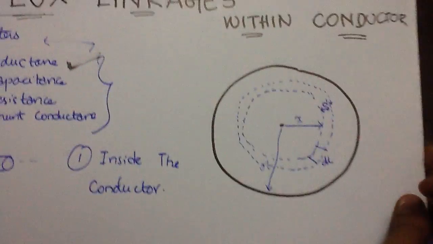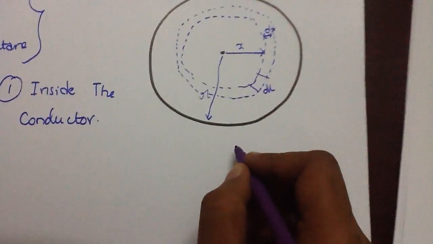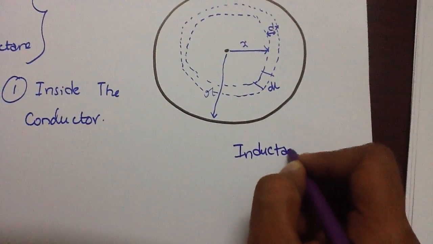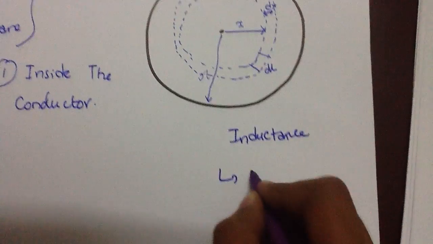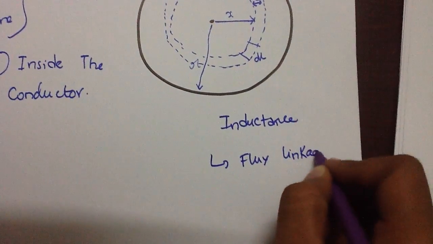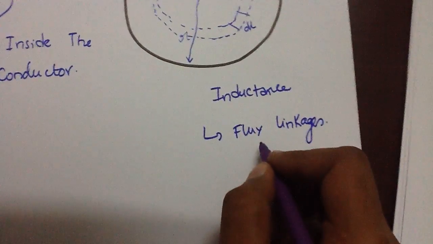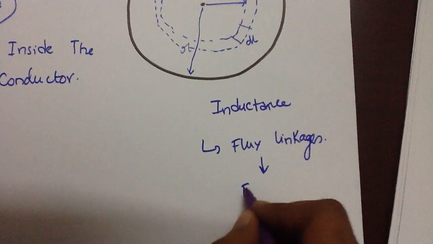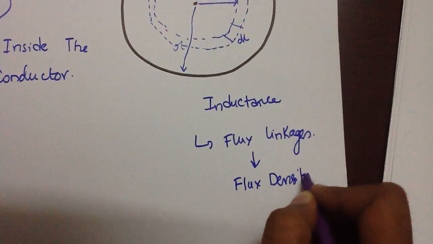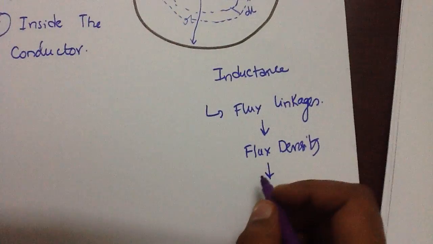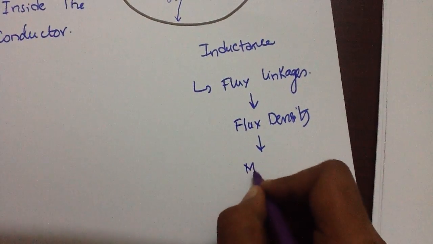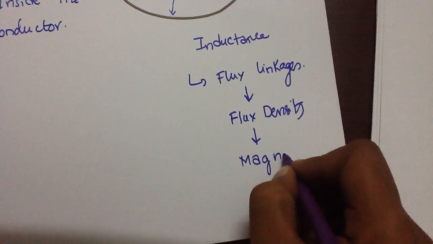Now, first thing, when you want inductance, think about what you need to calculate. You need to know the flux linkages. If you need to know the flux linkages, you need the flux density. If you need to know the flux density, you need to know the magnetic field intensity.